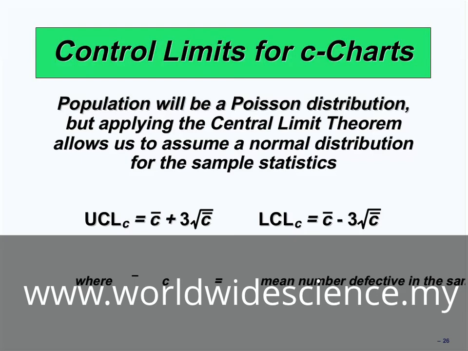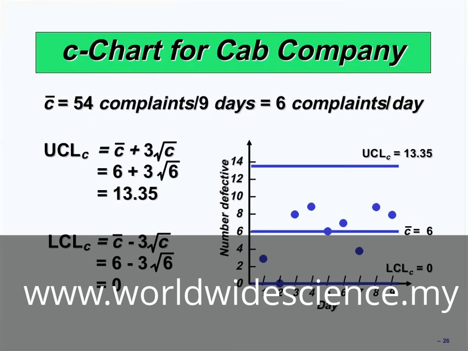Okay, let's look at the formula for UCL and LCL. I repeat again, in the C chart and P chart, we involve the number of defectives. Imagine, now I want to give an example for a service company.